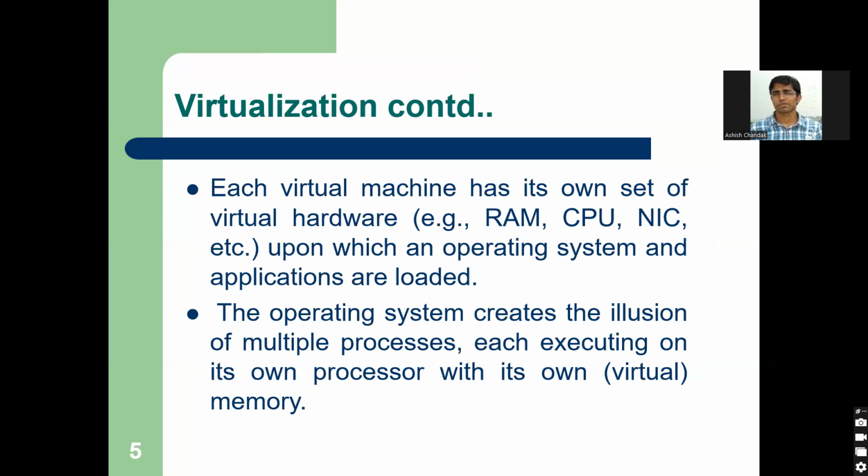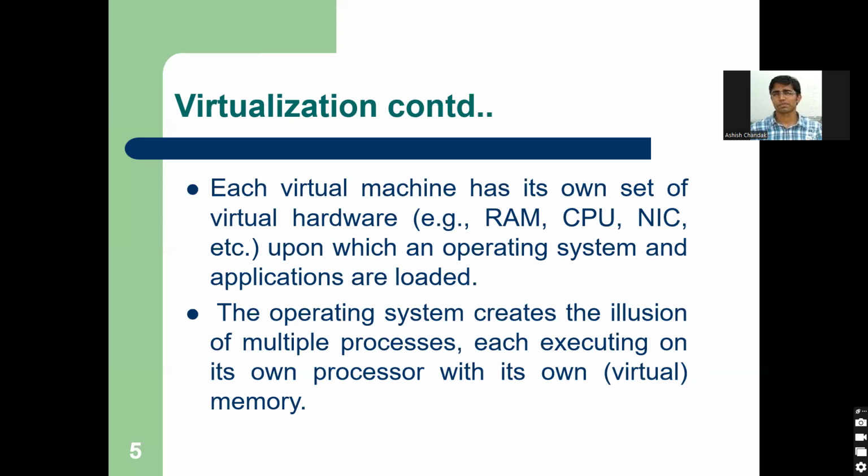So each virtual machine has its own RAM, CPU, NIC, meaning it has the same type of configuration, or you can say the same hardware is available but virtually. So RAM is available, CPU is available, network interface card is also available.